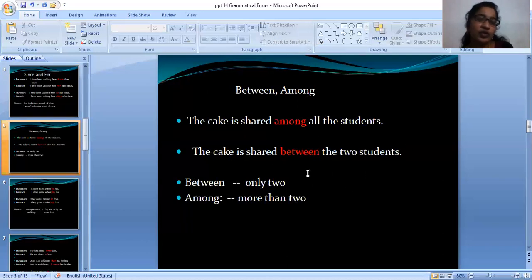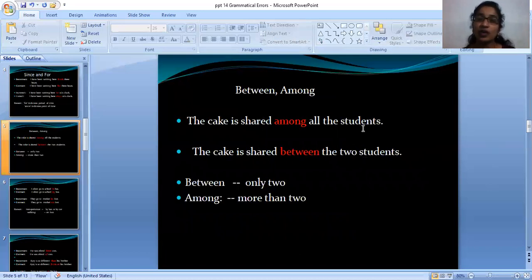So both sentences are correct, but the point is when we have to use among and when we have to use between. We have to use between when there are only two persons or two objects, whatever it is, but there are only two things involved, right? The usage of between means the involvement of only two persons or two objects.